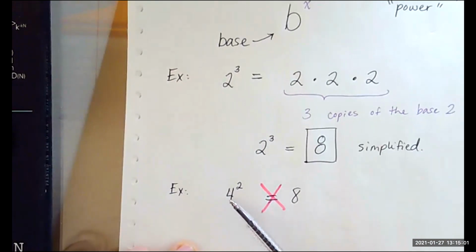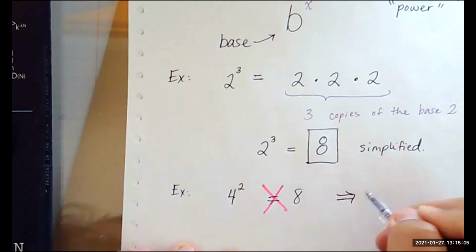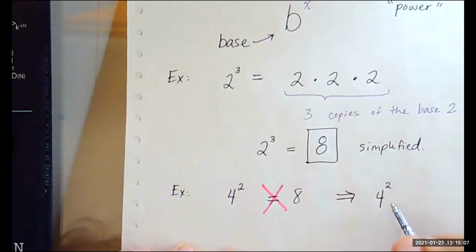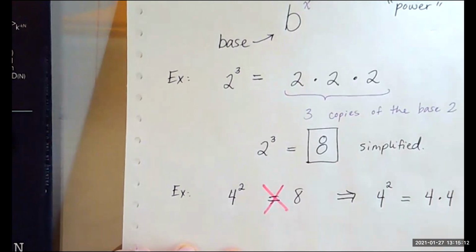Because you don't want to rush through it and say, oh, 4 times 2 is 8. What you really want to do is take your time with it and say that 4 to the second power is equal to 4 times 4.